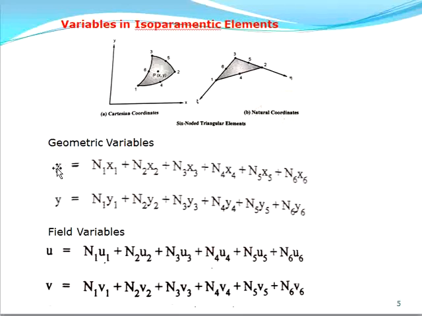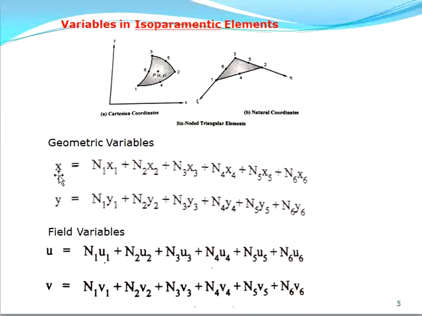So if you know a point on the local coordinate, that is, we consider P in x and y, then that x and y can be calculated by using the shape function. Shape functions are generally used for mapping the coordinates from local to natural or natural to local. So if there are 6 nodes, then the number of natural shape functions is also 6.